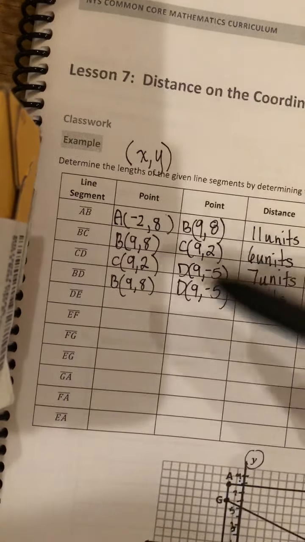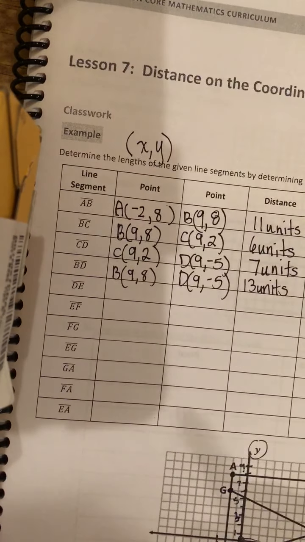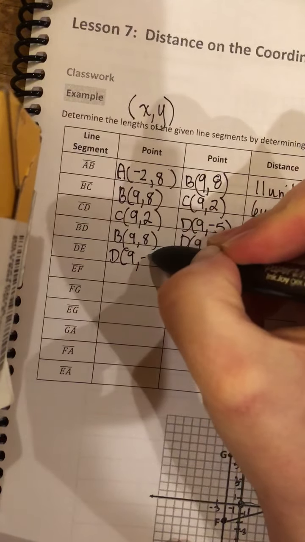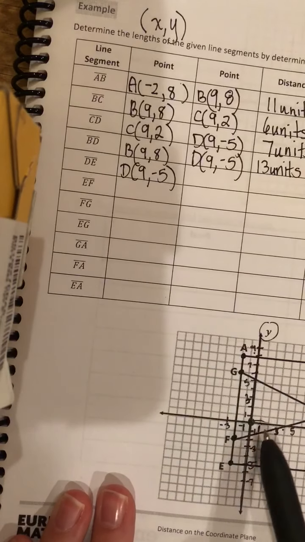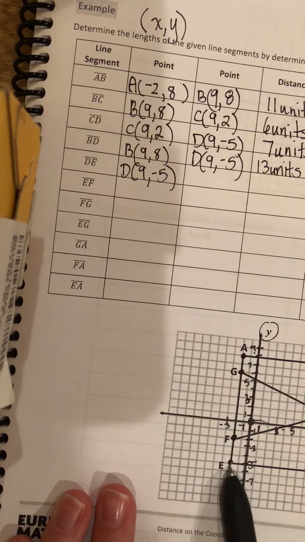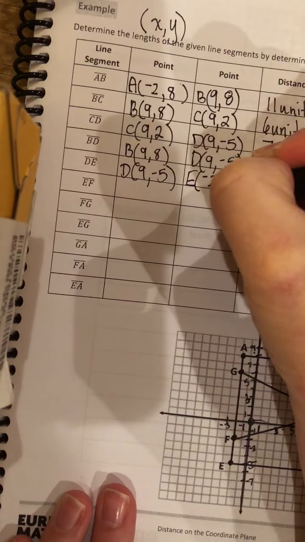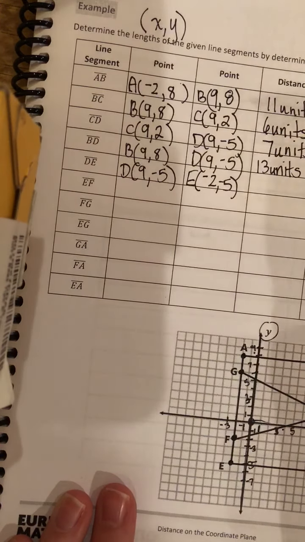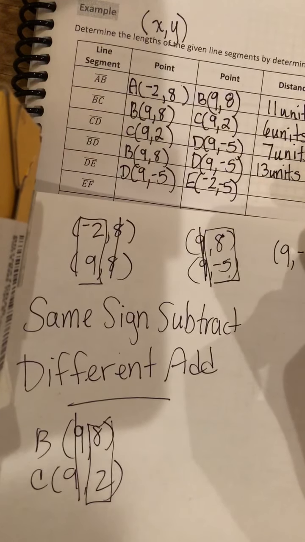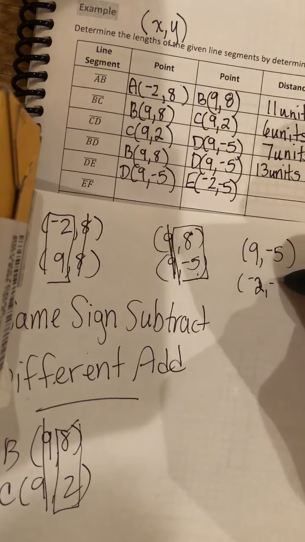Okay, and I'll do one more because you can fill this in on your own. So D, DE, D is at 9, negative 5. And E, if I go to my chart, here's 0. So this is negative 2, negative 5. So here's my scrap paper. 9, negative 5, and negative 2, negative 5.